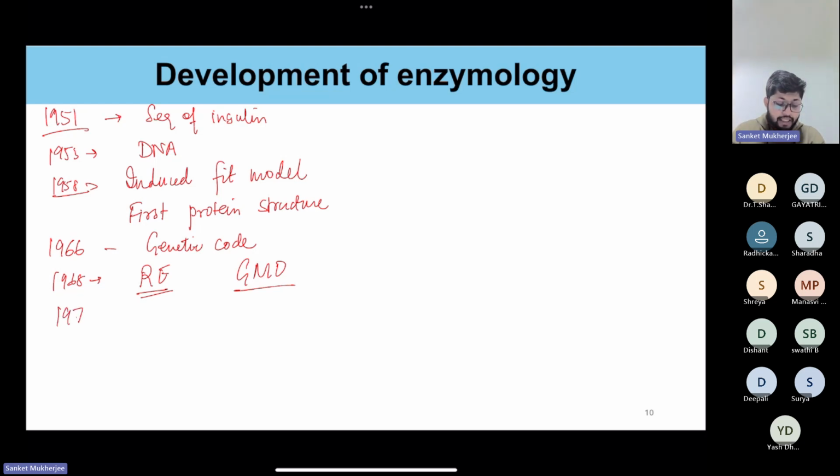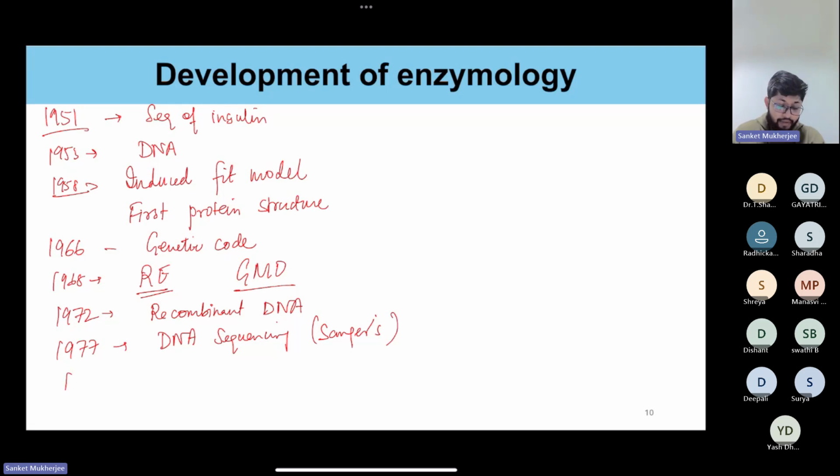Similarly, in 1972, recombinant DNA was first made by Paul Berg. In 1977, DNA sequencing was discovered, I would say. Sanger's method was the oldest one, and it is even used to date.